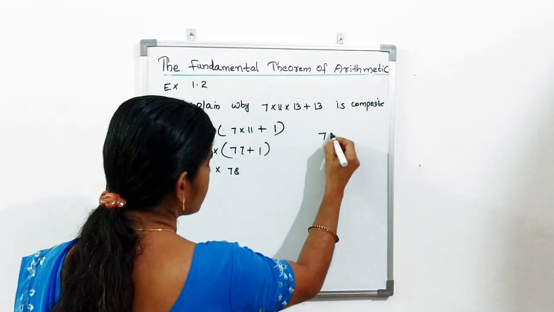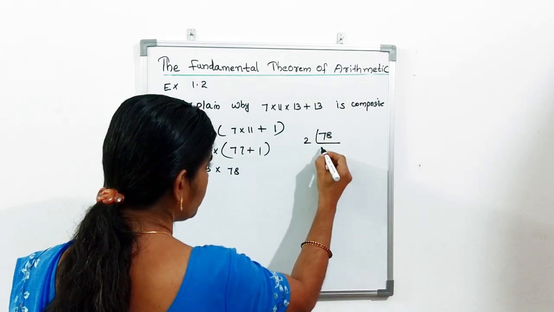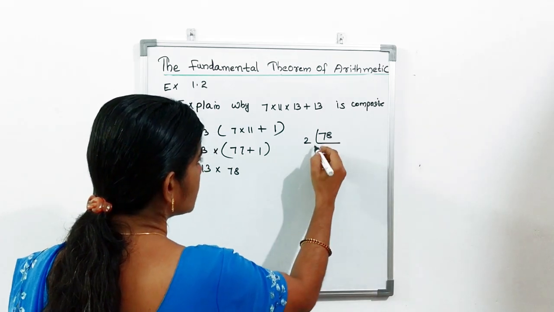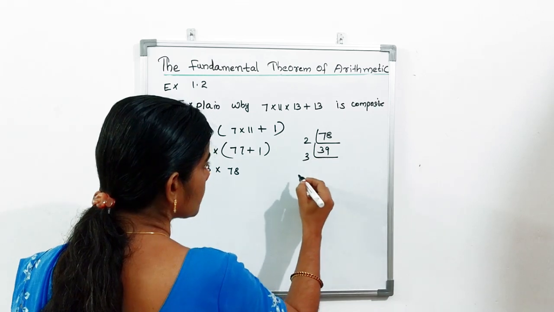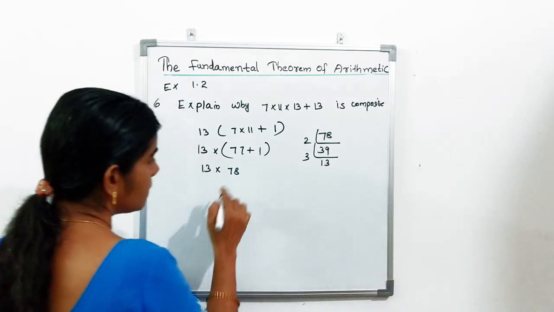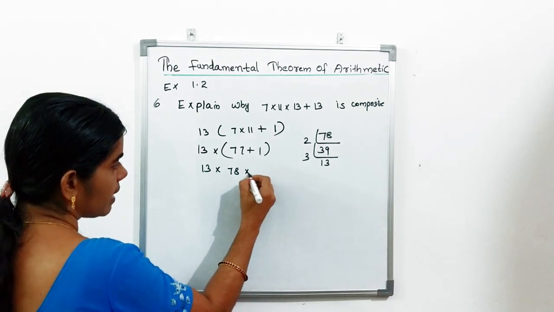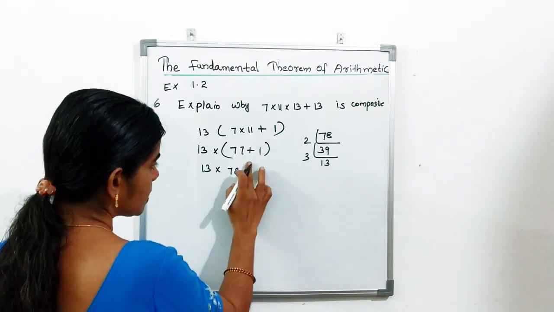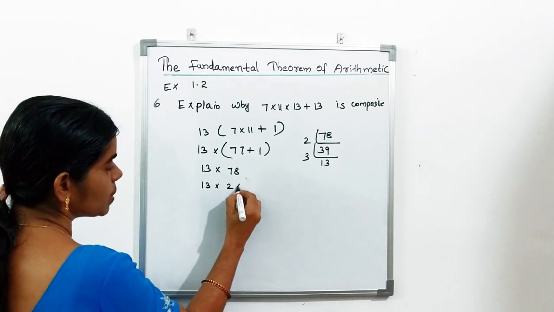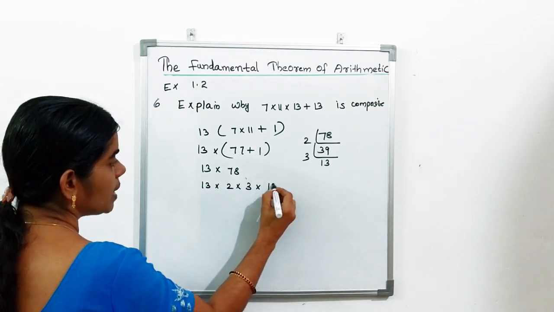Again we are factorizing 78. We can write 13 into 78's factors, you got 2 into 3 into 13.